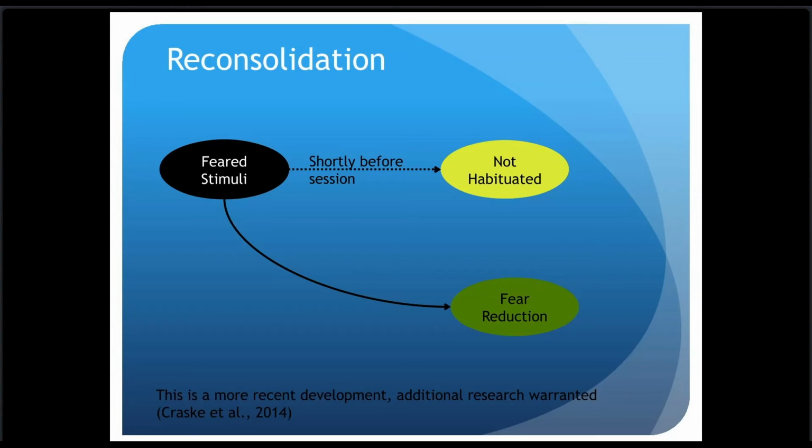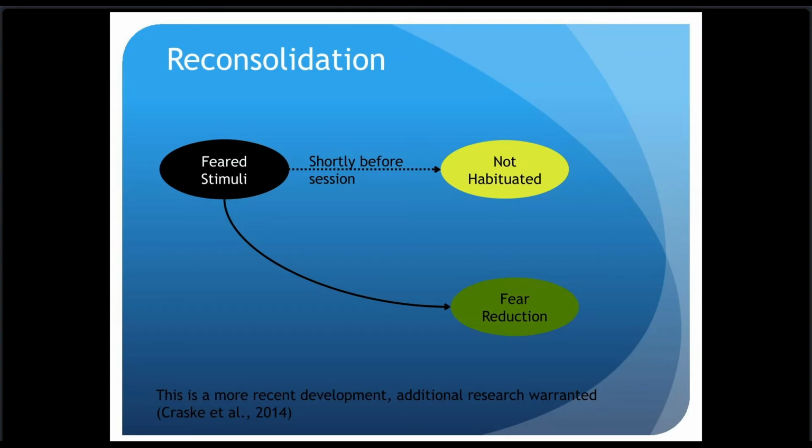Person encounters their feared stimuli just a little bit before the session. It happens to also be the thing that you were hoping to work on during session. Now, when you go into the session, the consequence of being opportunistic in doing exposure for that thing actually facilitates fear reduction.